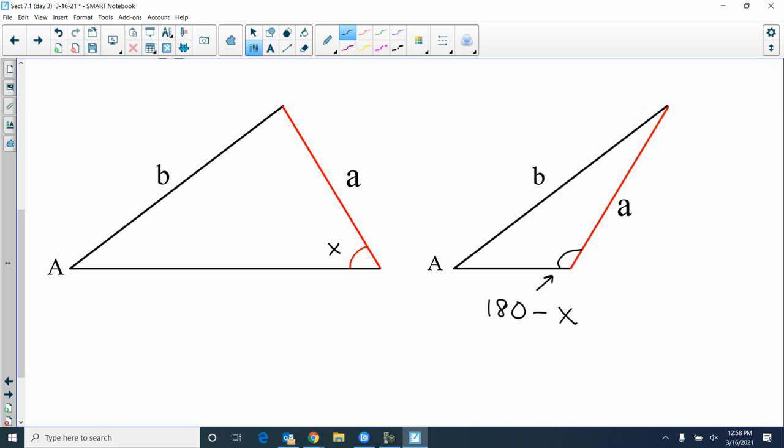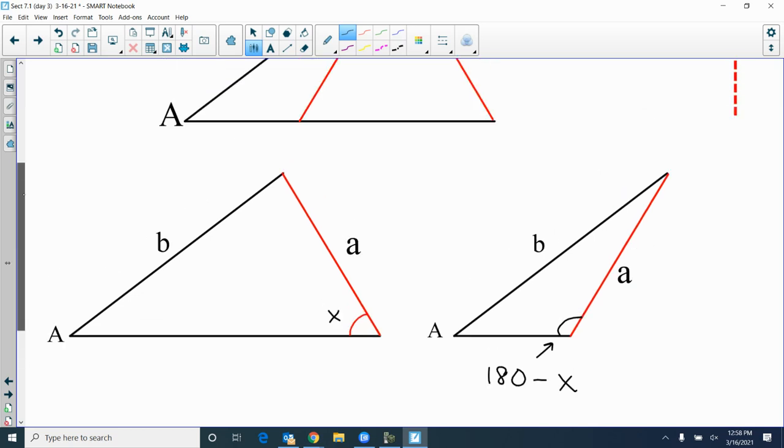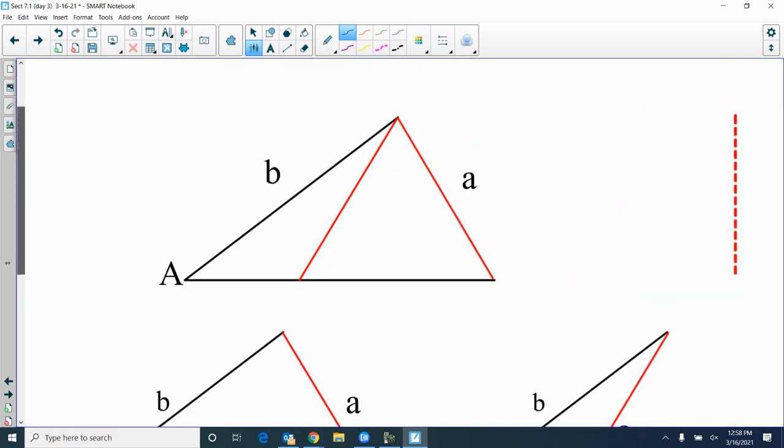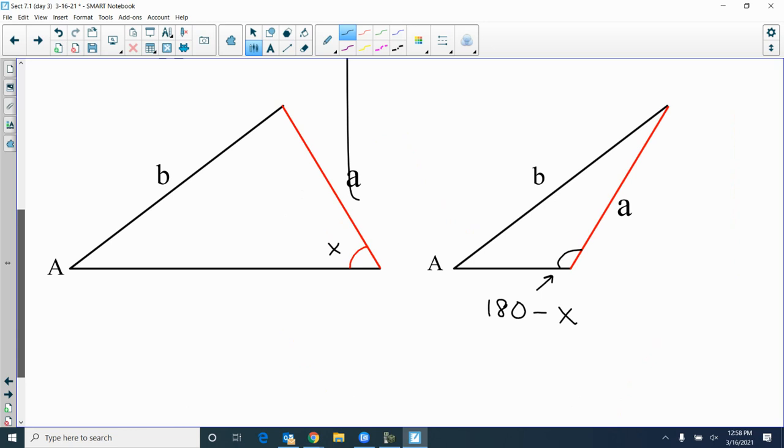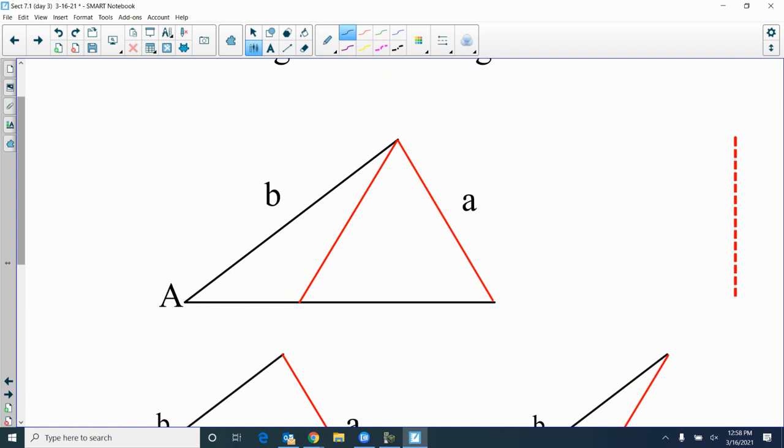If there's a second triangle, it's going to be 180 minus that. Since these lengths are the same from geometry, these angles have to be the same. And that means that if this is X, this angle here has to be 180 minus X. Okay, so long story short, once you find the first angle, we're going to do 180 minus X.